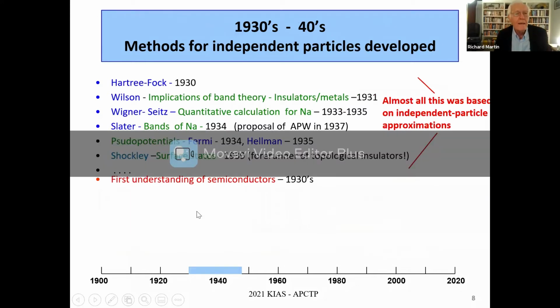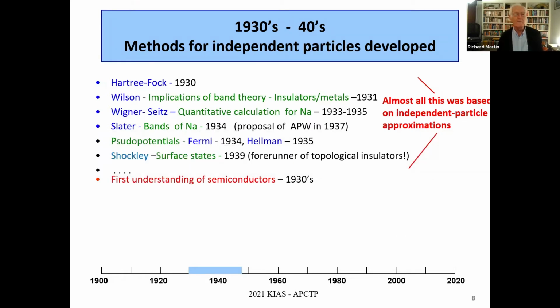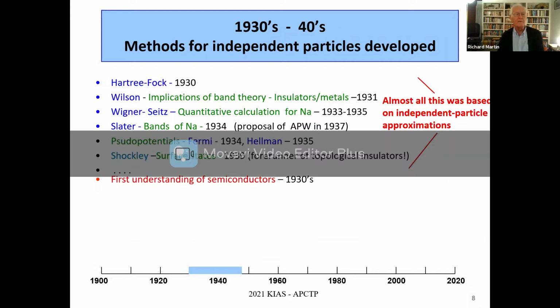Already in 1930 was Hartree-Fock, and the Wigner-Seitz and Slater work in the early 30s that did quantitative calculations for sodium, and Slater even proposed the augmented plane wave method that's in a form similar to what's used today. Pseudopotentials in the early 30s were in a form close to what's used today.